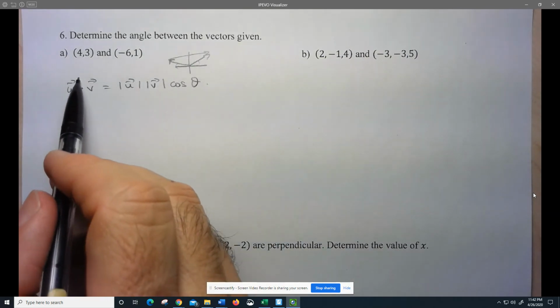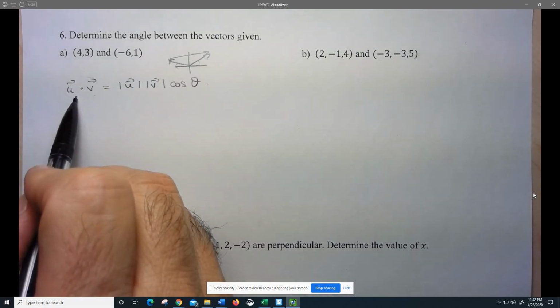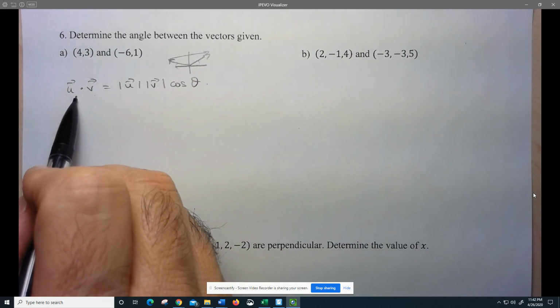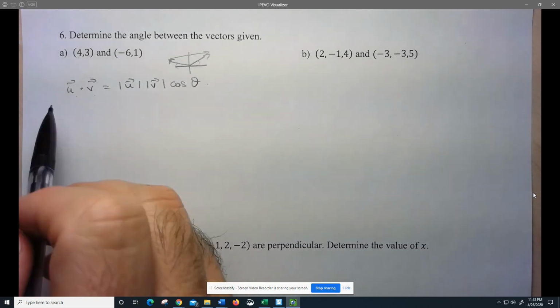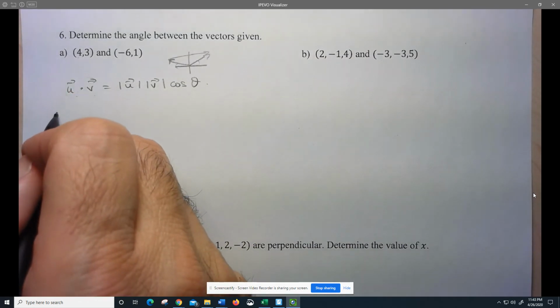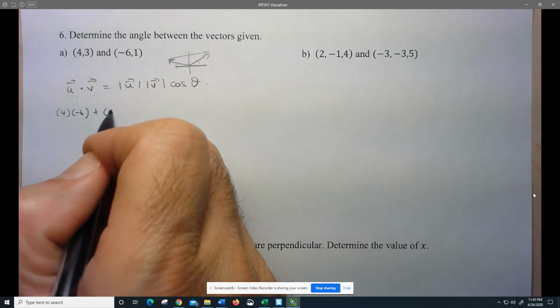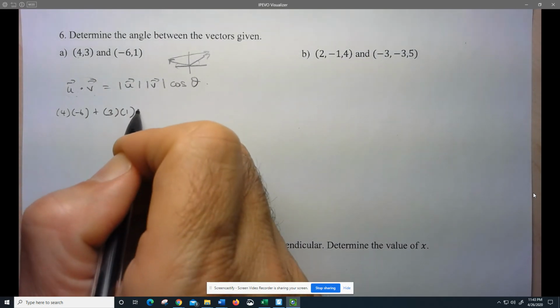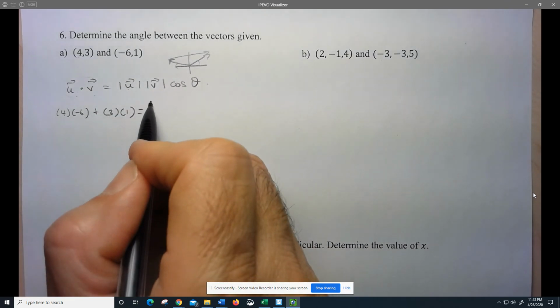Okay, because on the left-hand side, I'm going to use the algebraic definition of the dot product. And what was the algebraic definition of the dot product? You multiply the x's, you multiply the y's, and you add them together. Okay, so this is just going to be 4 times -6 plus 3 times 1. Okay, and this is equal to, well, the magnitude of u.